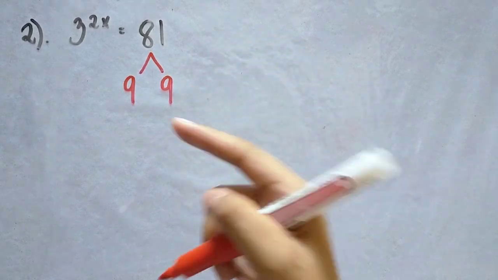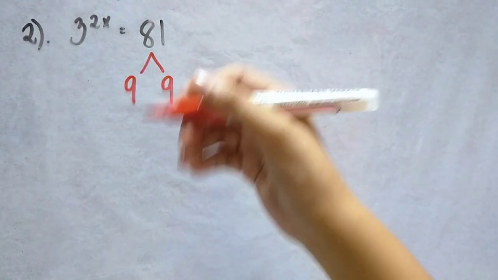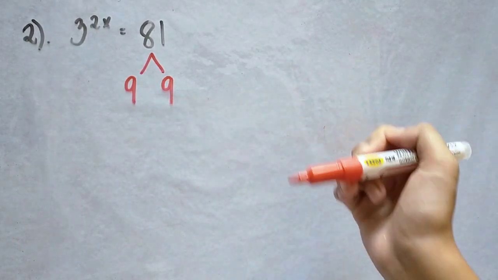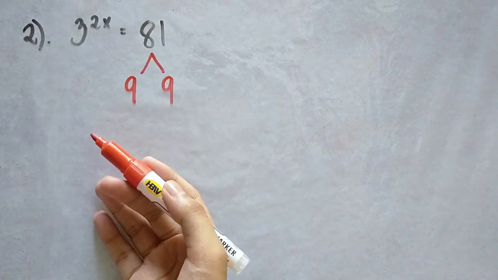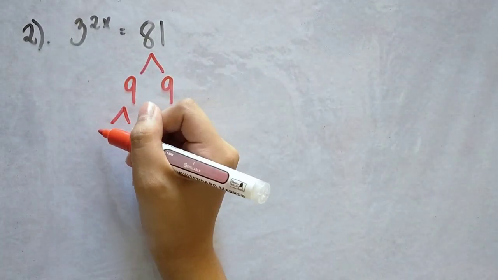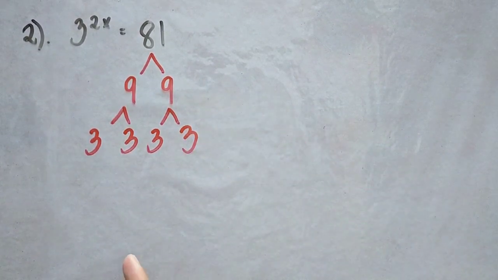We can have both 9 kasi once na minultiply natin silang dalawa, magkakaroon tayo ng 81. Ngayon, since may pwede pa tayong i-factor sa kanila, which is sa 9, by multiplying 3 and 3, we can have 9.